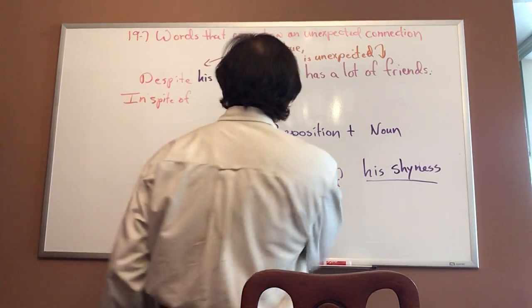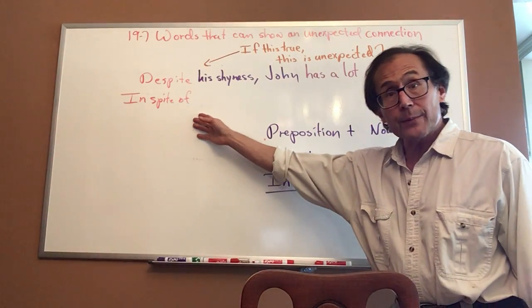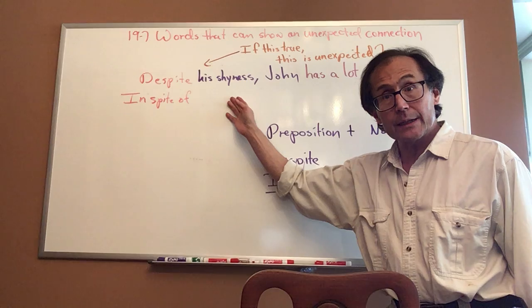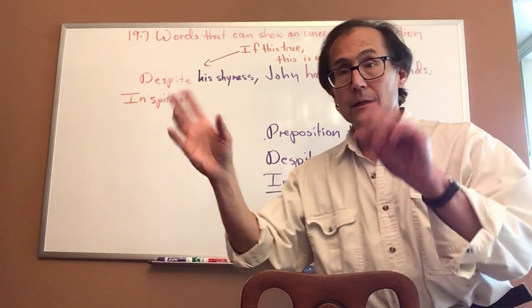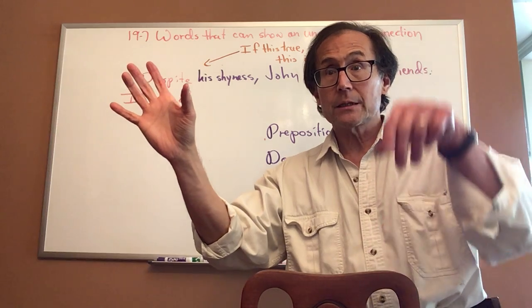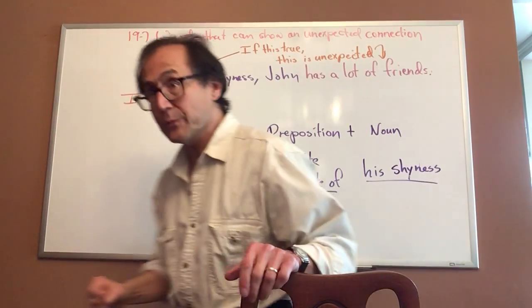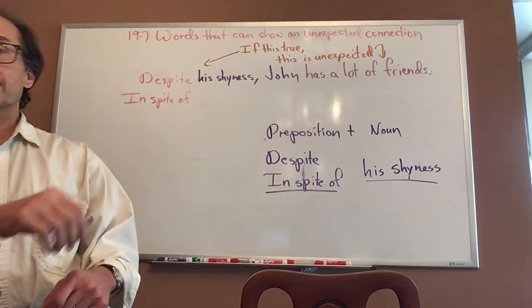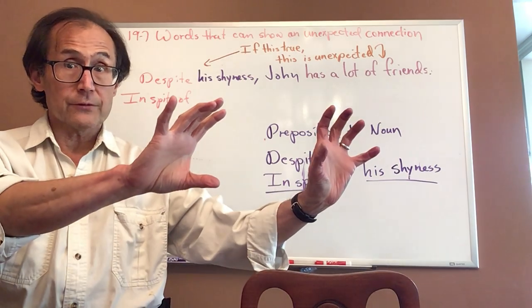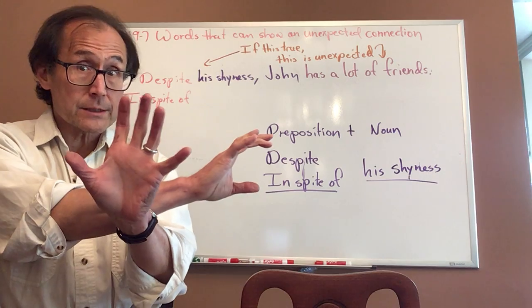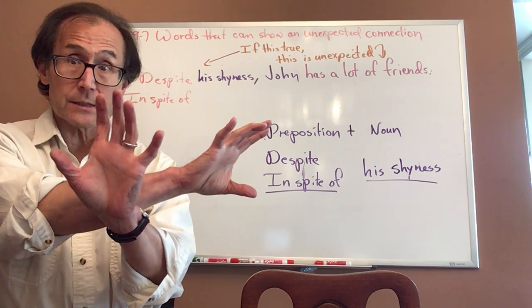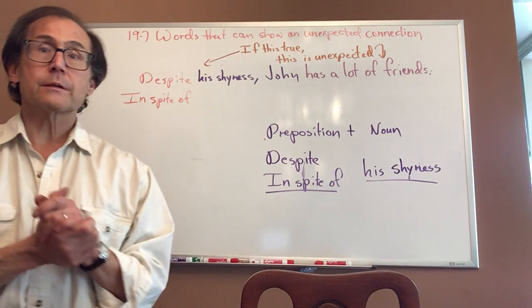Now, these prepositions can come at the beginning, or they can come at the end. I could say, despite his shyness, John has a lot of friends. Let me move over here so you can see. I can say, despite his shyness, John has a lot of friends. Or I can switch them and say, John has a lot of friends despite his shyness. Both are good.